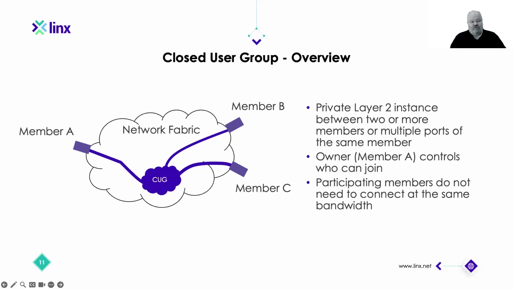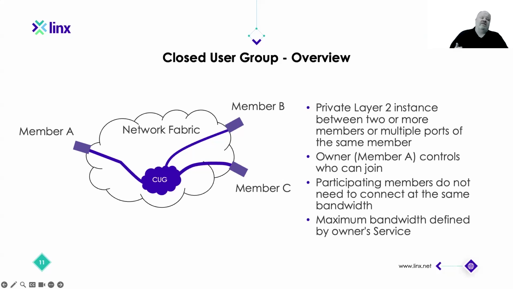That is different for closed user group, since again, there are lots of use cases depending on what you use it for, and you might want to have different bandwidths, different speeds on the different connections. So if you're offering a service and one member needs less bandwidth, you can connect with a smaller bandwidth. The only restriction is that the maximum bandwidth of any individual port gets defined when you order the service.